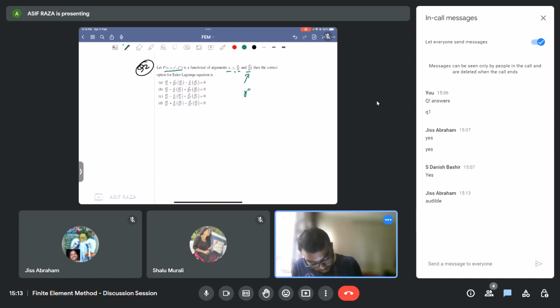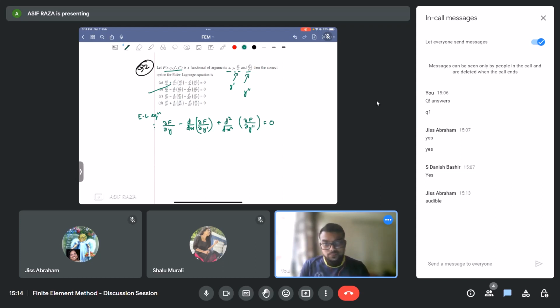So we just follow this rule: d by dx of del f by del y prime, plus with alternating sign, d squared by dx squared of del f by del y double prime, equal to 0. So this is the Euler-Lagrange equation for the system, and the correct answer according to this is option B.